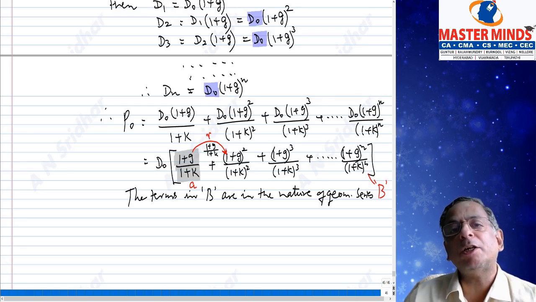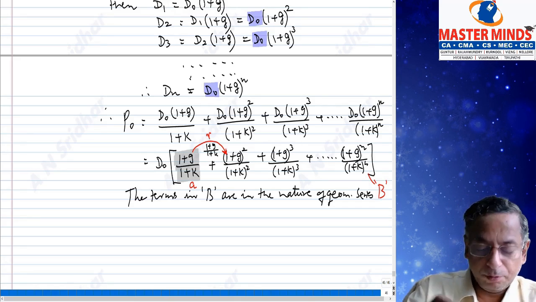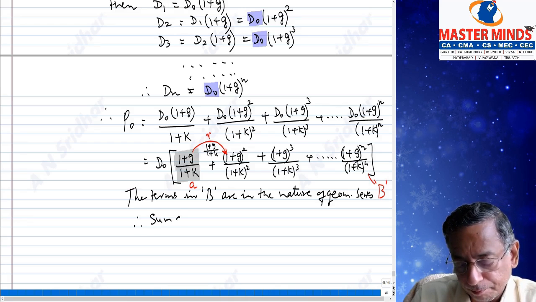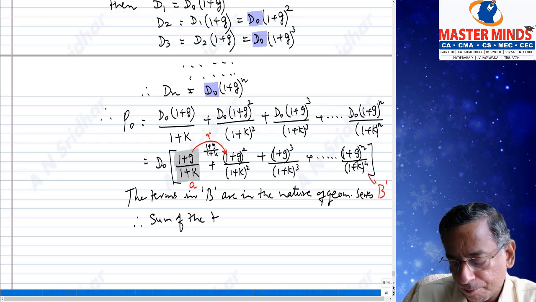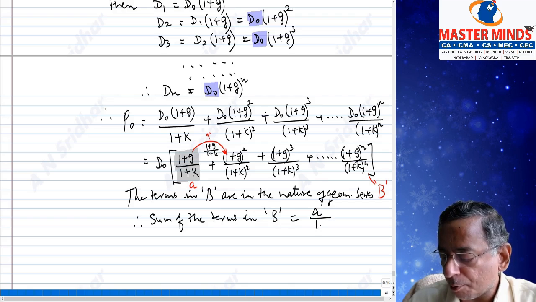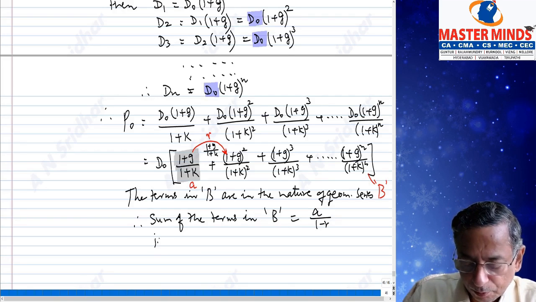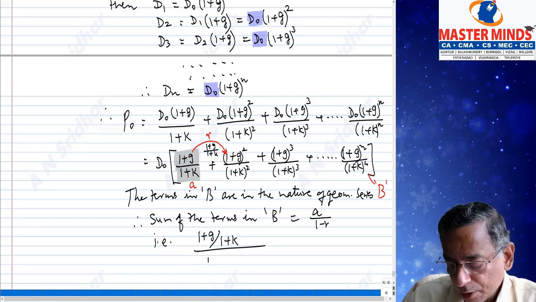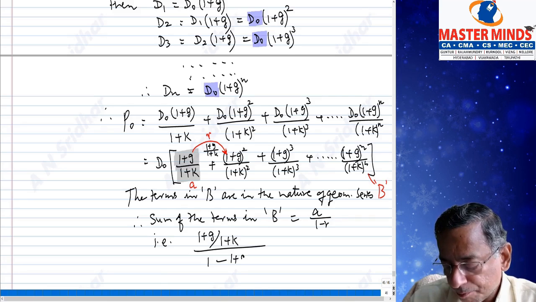Therefore the sum of the terms of bracket b is a upon 1 minus r. That is, 1 plus g upon 1 plus k divided by 1 minus 1 plus g upon 1 plus k.